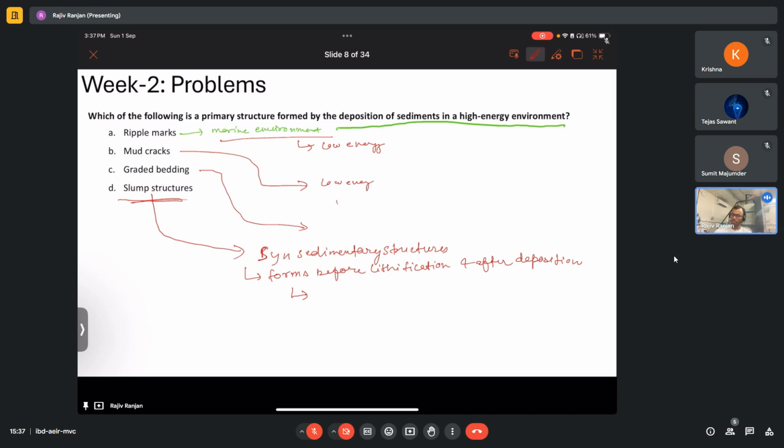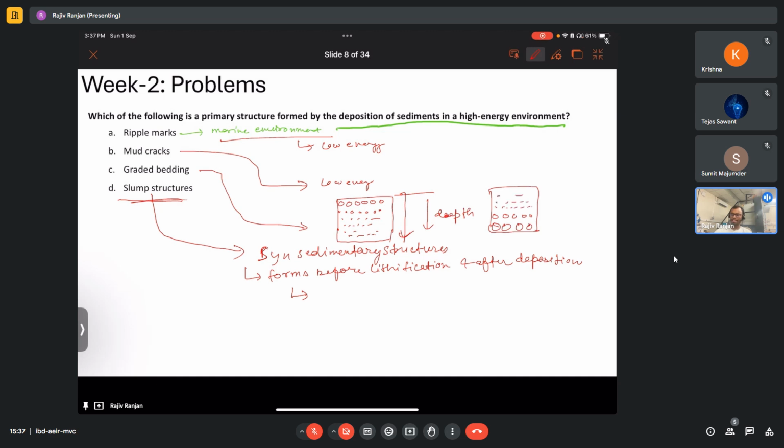Graded bedding is something like this. Suppose you have a profile, this is the surface, and you are going to the deeper side, depth. Suppose you have very large grains, then smaller, then very small. This is called graded bedding. Or there can be the reverse case also: larger grains in the lower part, and then finer grain, then finer, then finer.